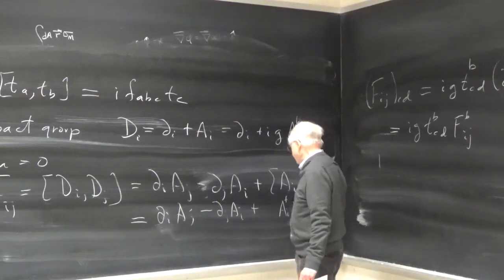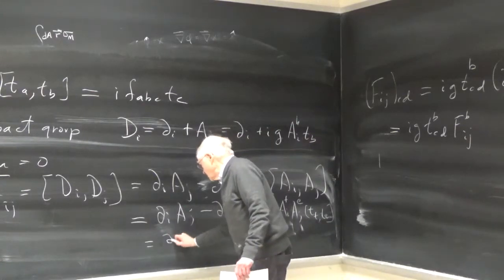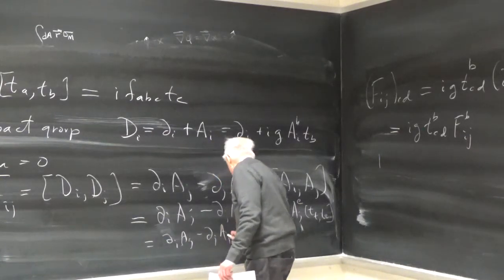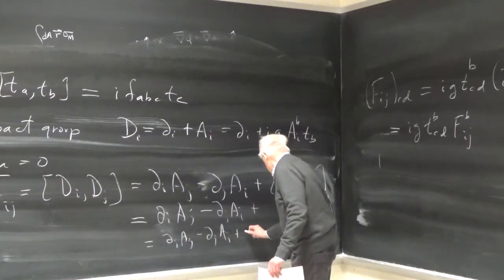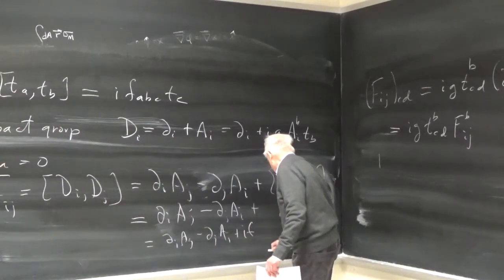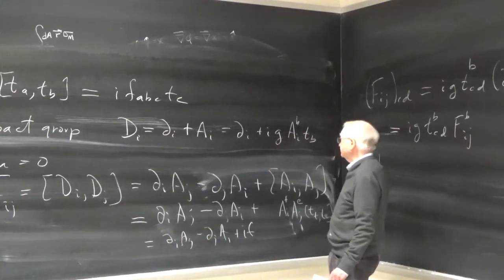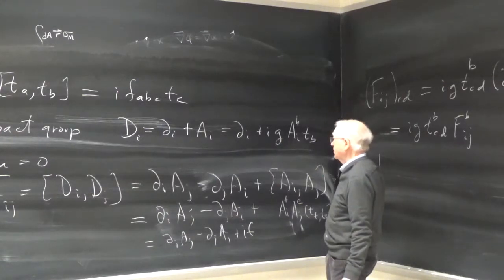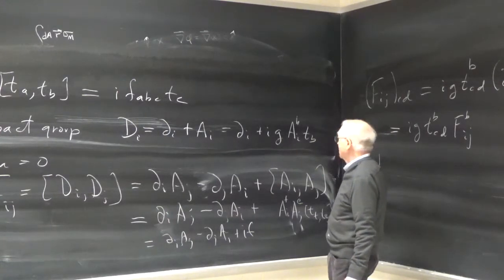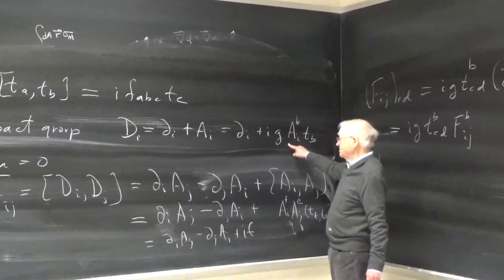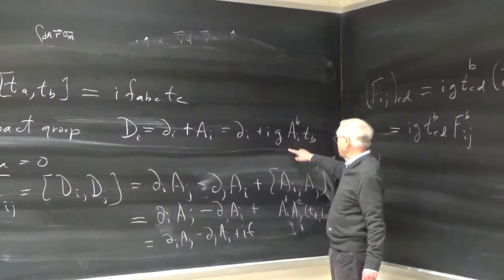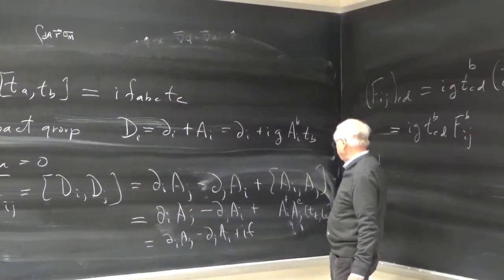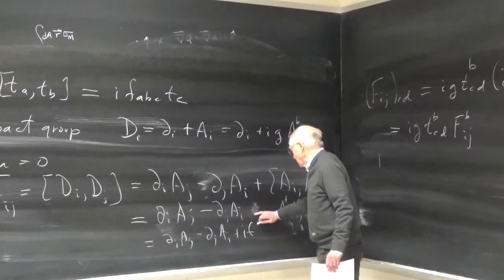And so this is D_i A_j minus D_j A_i plus i F. Actually, I left something out here. If there's a g here, then we have here minus g squared.